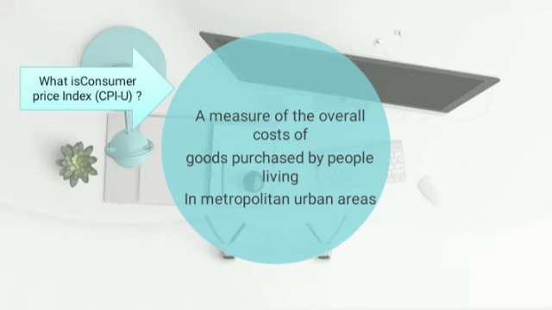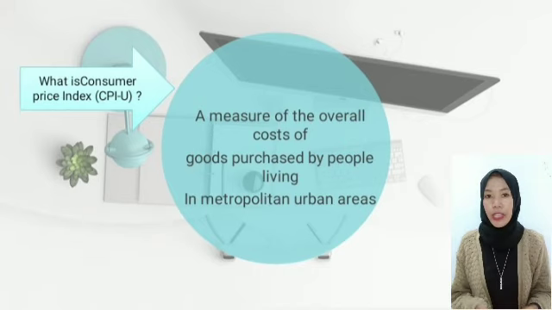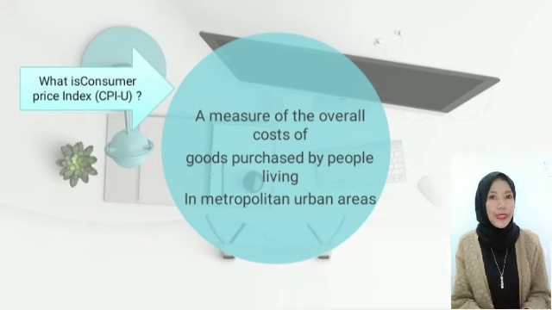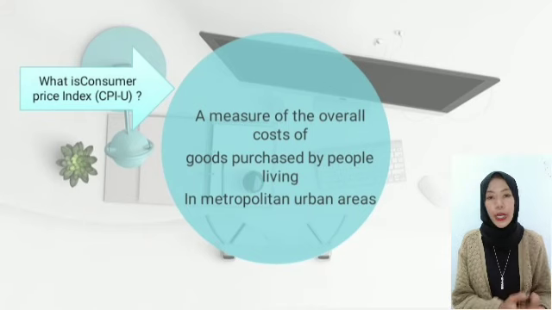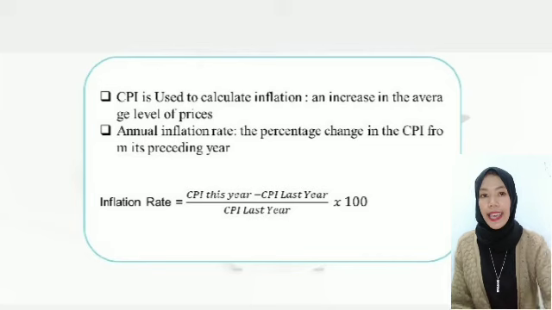How to calculate the consumer price index and the inflation rate? What is the consumer price index, or CPI? The CPI is a measure of the overall cost of goods purchased by people living in metropolitan urban areas.